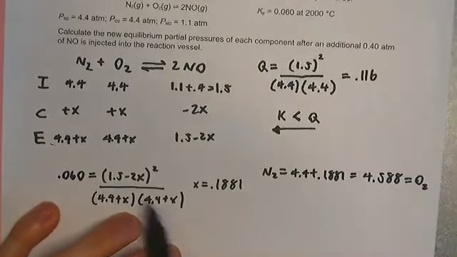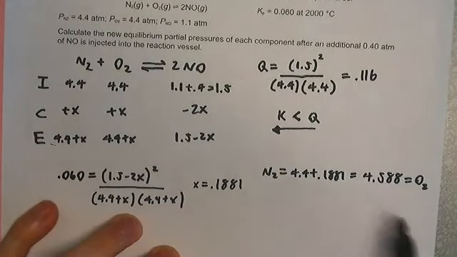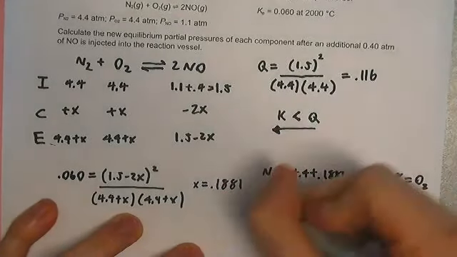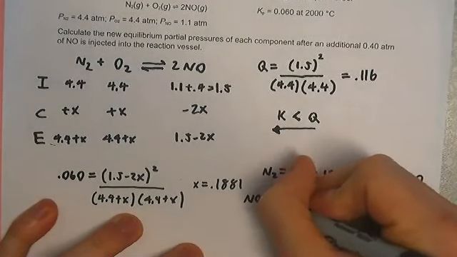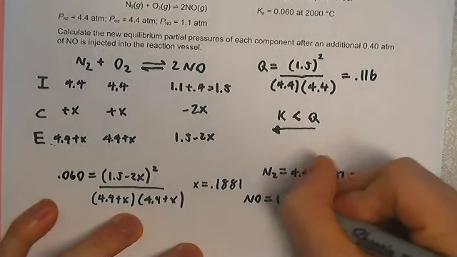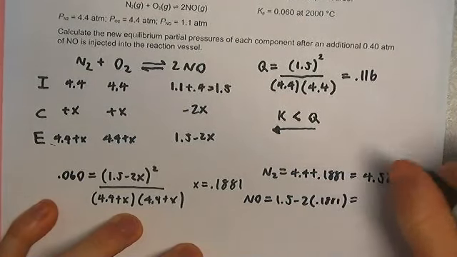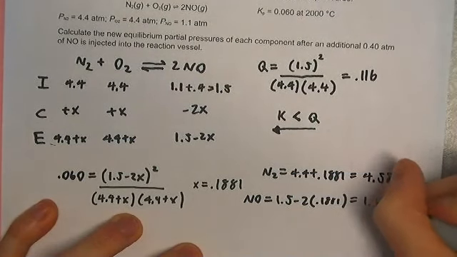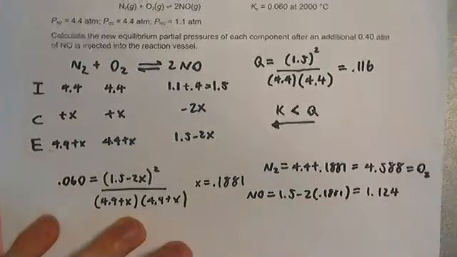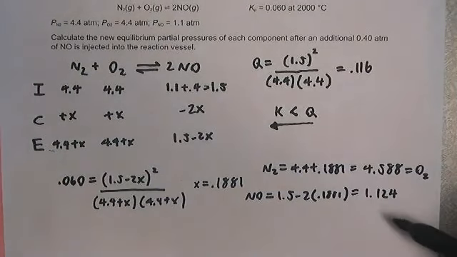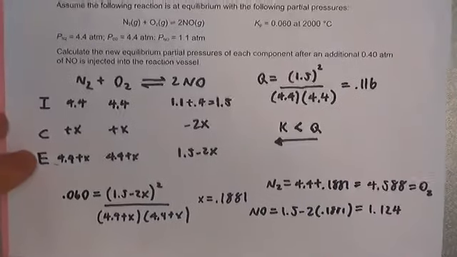It's the same thing for O2, right? 4.4 plus x was the same for both, so these are both going to be 4.588. And then for nitrogen monoxide, we're going to do 1.5 minus 2 times the x value, 0.1881, and that would equal 1.124. So now we have equilibrium partial pressures. We're done with the problem.